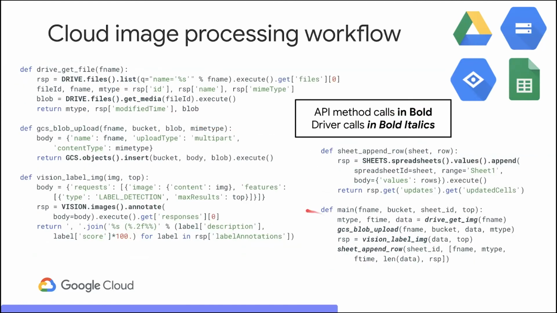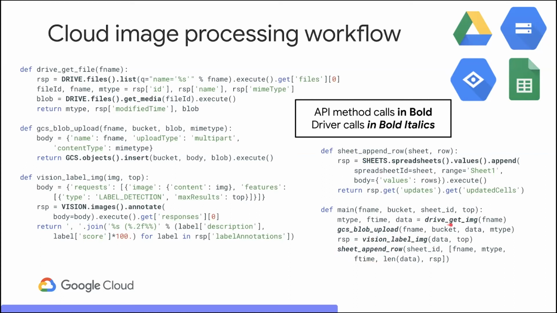All right, so the main application drives everything. I have one function that will download the image from Drive, clearing off my Google Drive. I have another function that uploads that image to cloud storage. I have another function that analyzes that image with Cloud Vision. And then I have a last one, which appends a row of data about that image to a Google Sheet. Then my main calls all 4 of them.